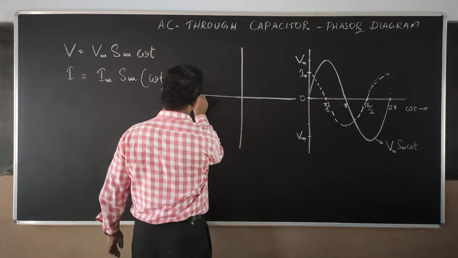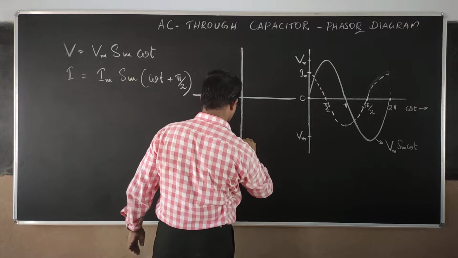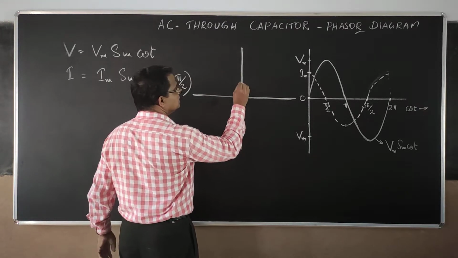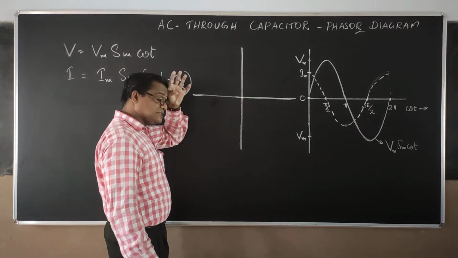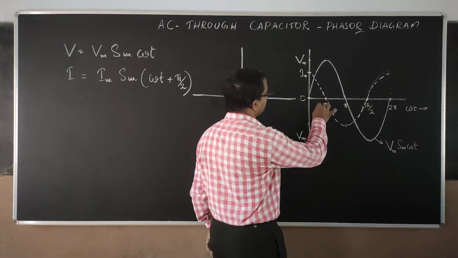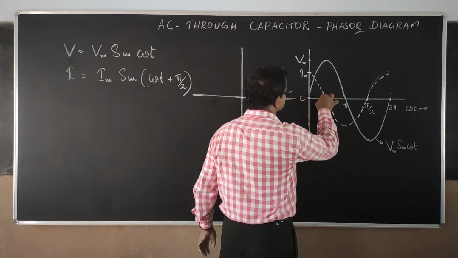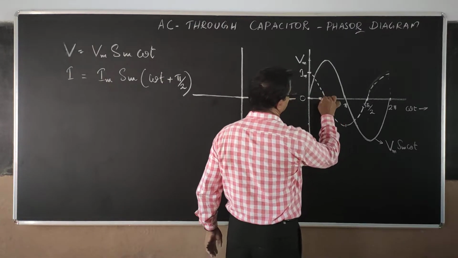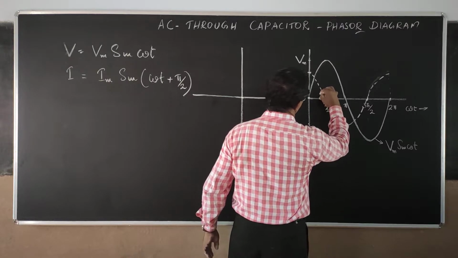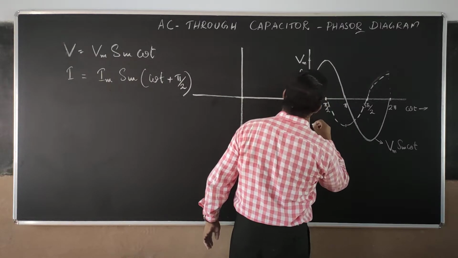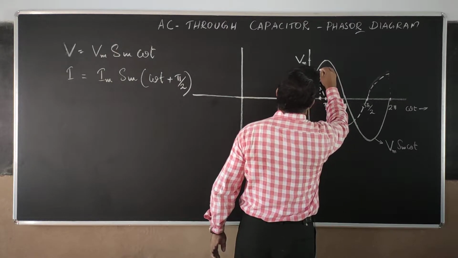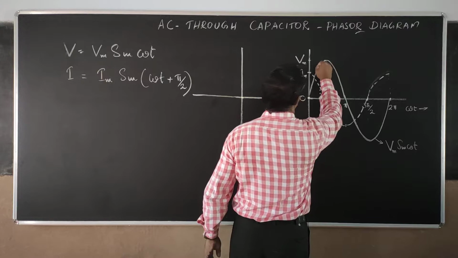And let us consider the omega t somewhere here, very close to pi by 2. Then, if I draw the parallel line with the y-axis, the line will be meeting the voltage at this particular point.